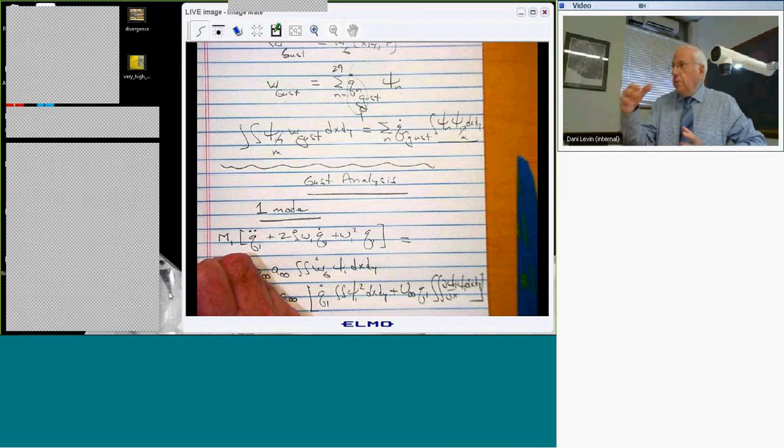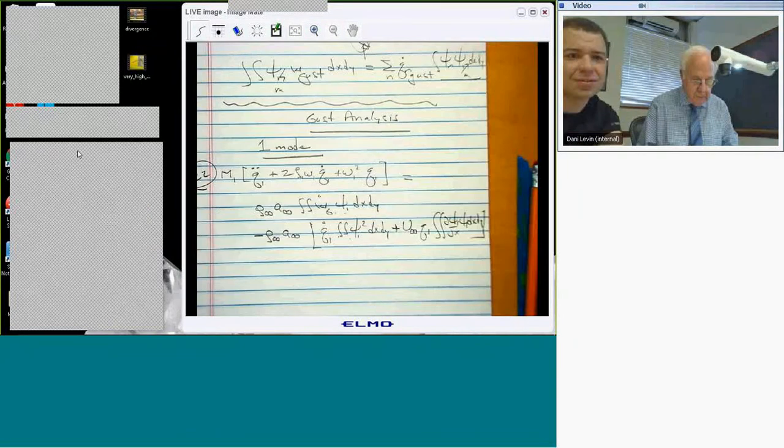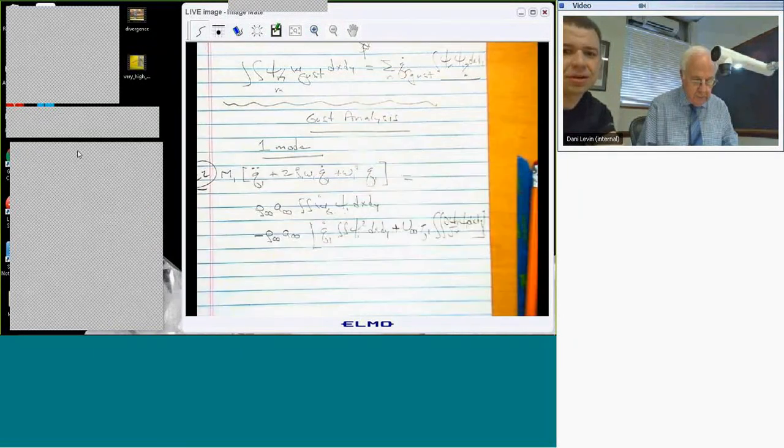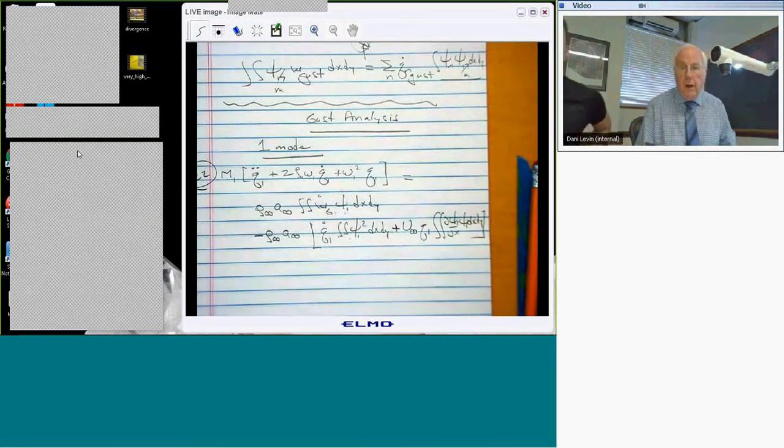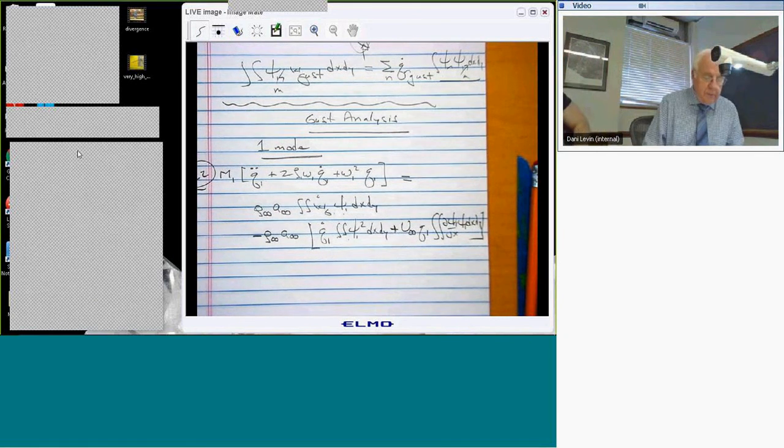And of course, this is really important in gust analysis because this is the gust, right? There's not much gust response if you don't have a gust. Okay, all right. Let's look now at various kinds of gust representations.